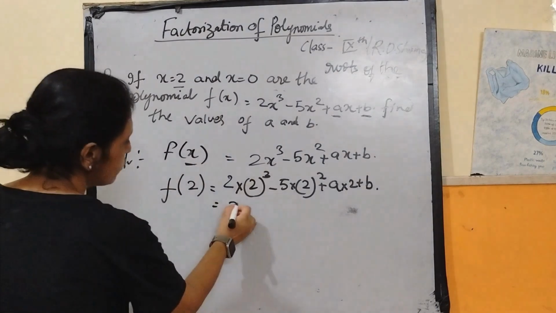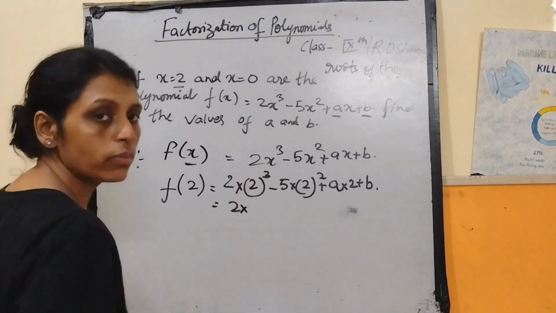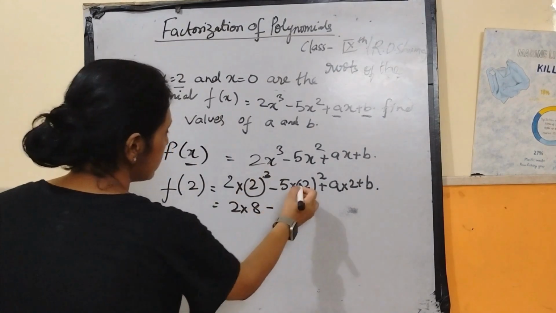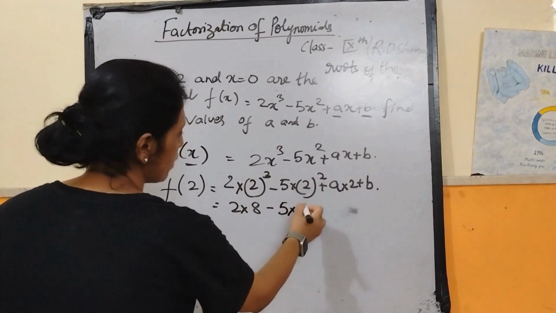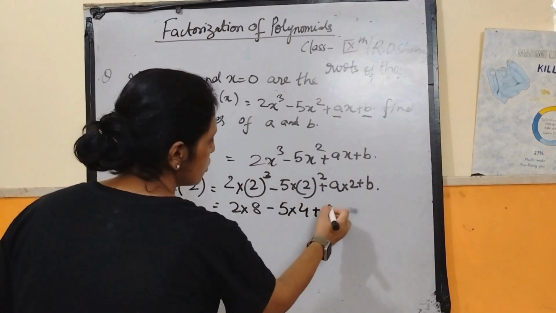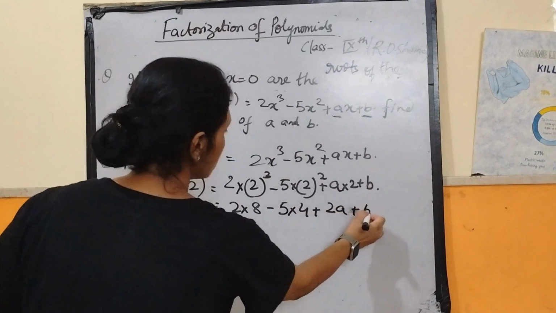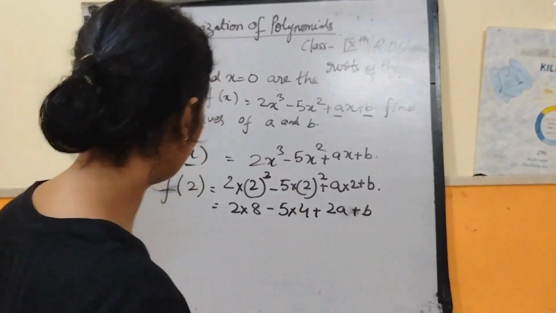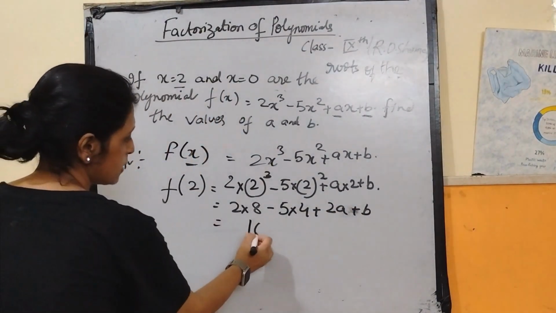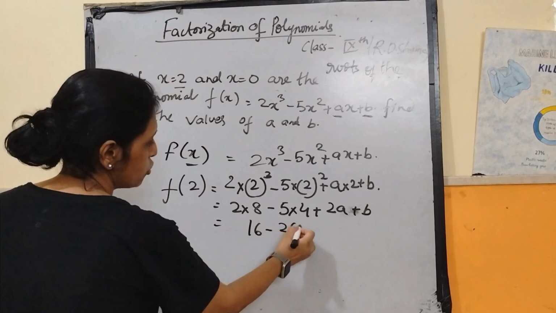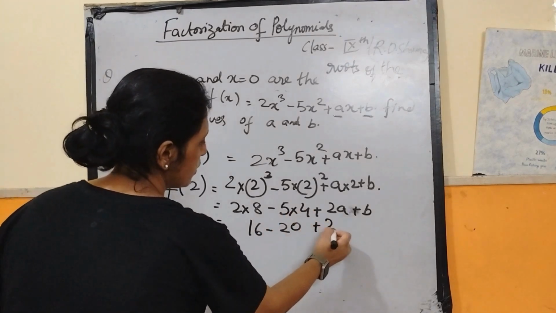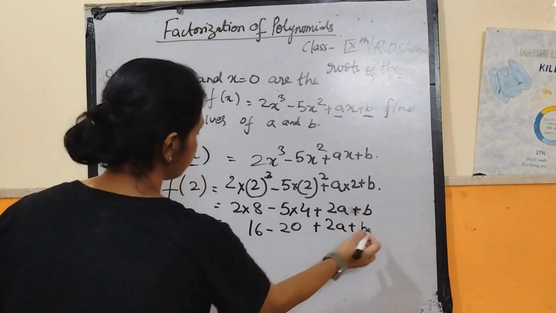So let's solve. 2 into the cube of 2 is 8, minus 5 into the square of 2 is 4, plus 2a plus b. Okay? Now 16 minus 20 plus 2a plus b.